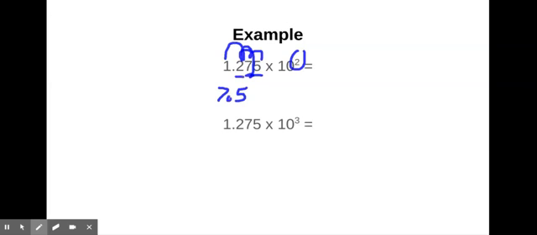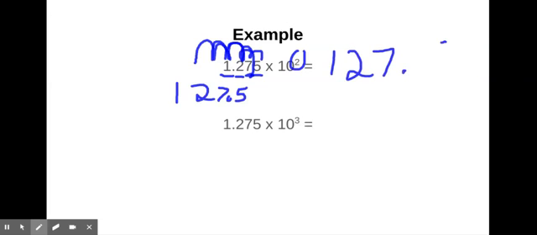This 2 is in my tenths place, so it needs to move 2 places into my tens place. And this 1 is in my ones place, so it needs to move 2 places into my hundredths place. So I end up with 127 and 5 tenths.